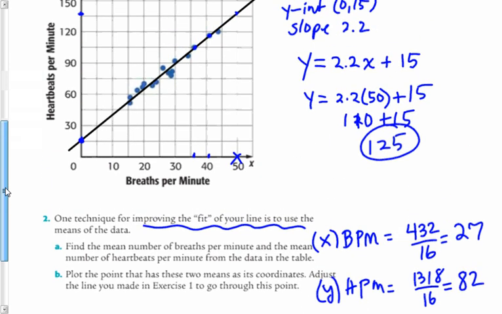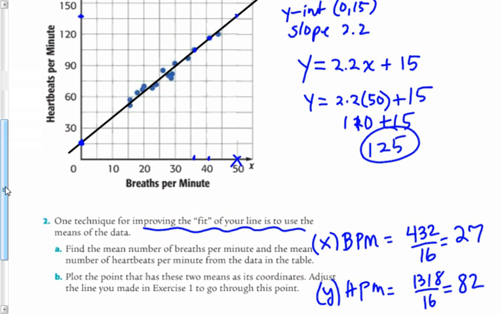Now, I'm going to locate that point, 27, 82. So 27 is about right. Let me put a dotted line there for you. 27 is about right here. And 82.5, this line right here is 75, so 80 is about here, maybe about right in there.